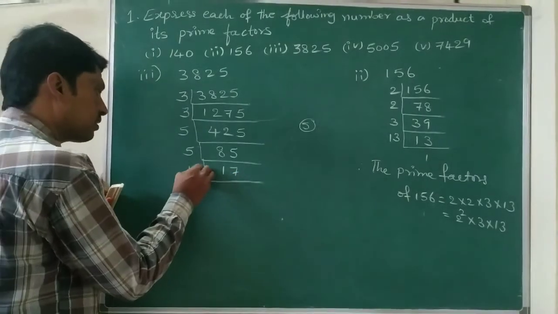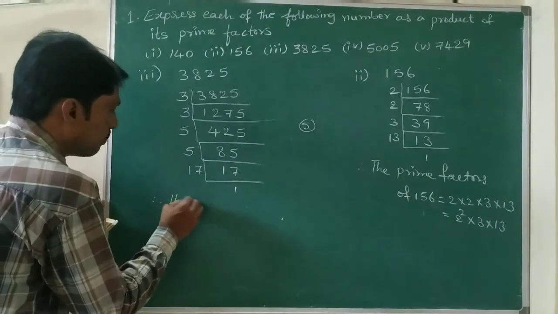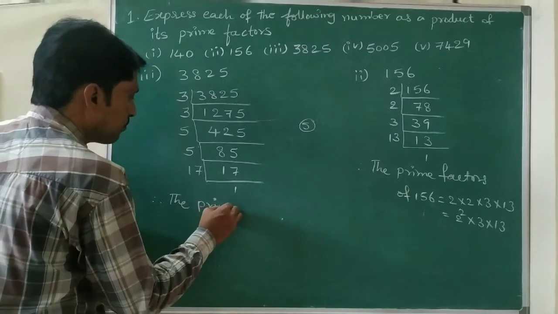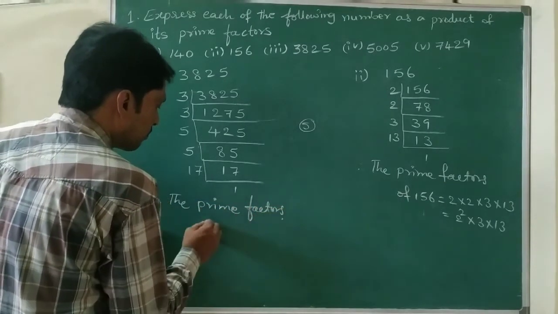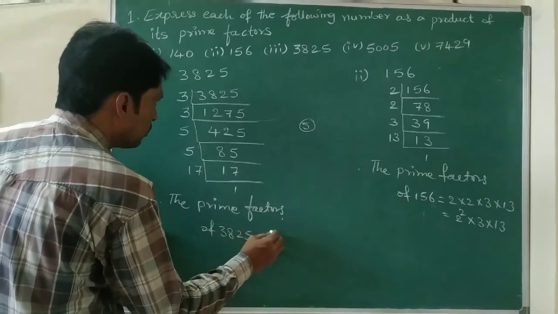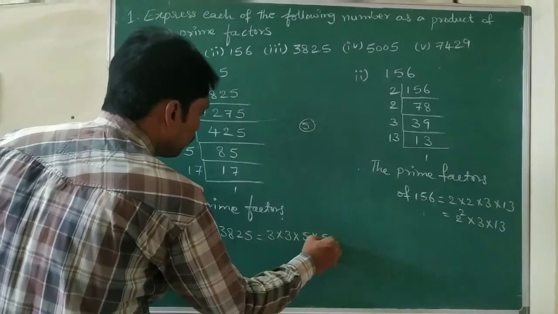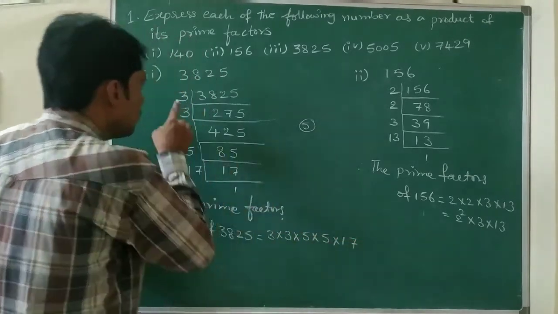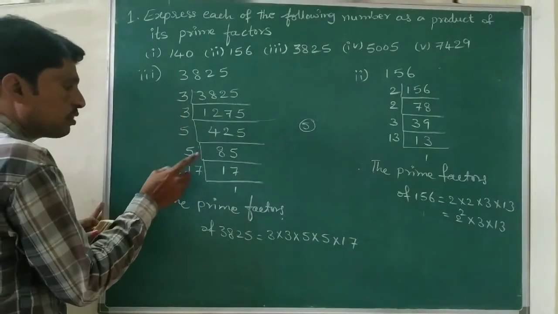So 17 1s are 17. Therefore the prime factors of 3825 equal 3 into 3 into 5 into 5 into 17.